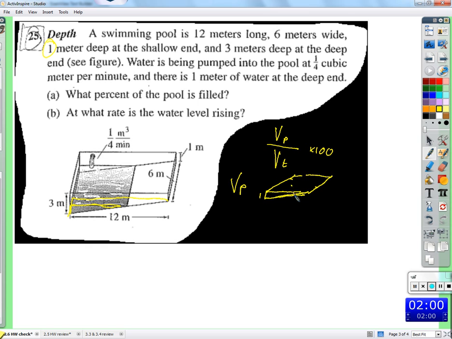So this is 6. It's not depth, I don't want to say depth, but it's length, width, whatever. How much is that? That's also 6. So I have a shape that is a triangle on both sides.